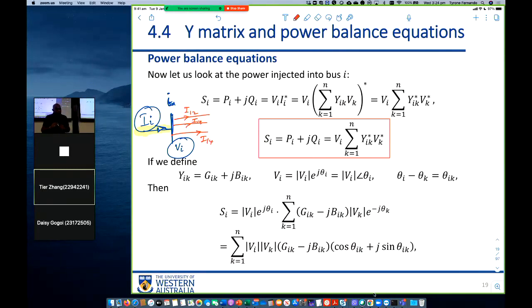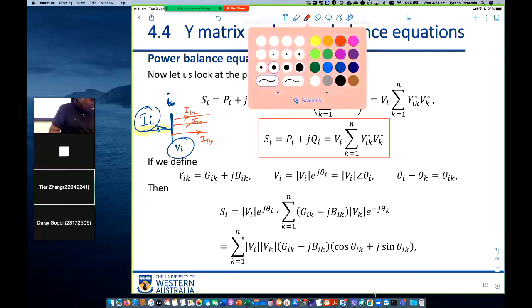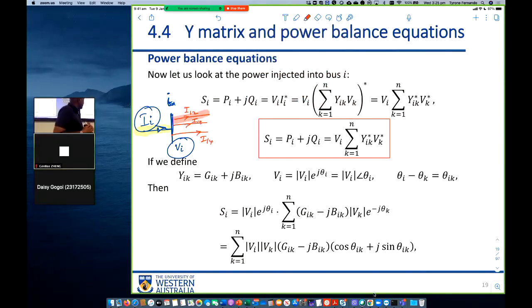So I could ask a separate question. In this line that I just highlighted in red, I can ask what's the power that is flowing in that. And you would say, well, it has to be V1 flowing out of it, V1 I12 star.